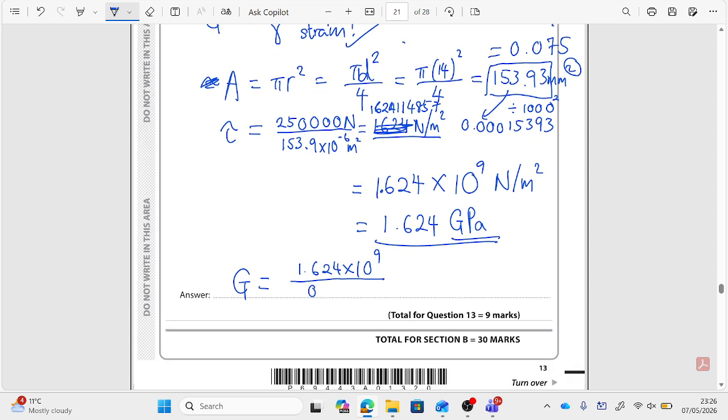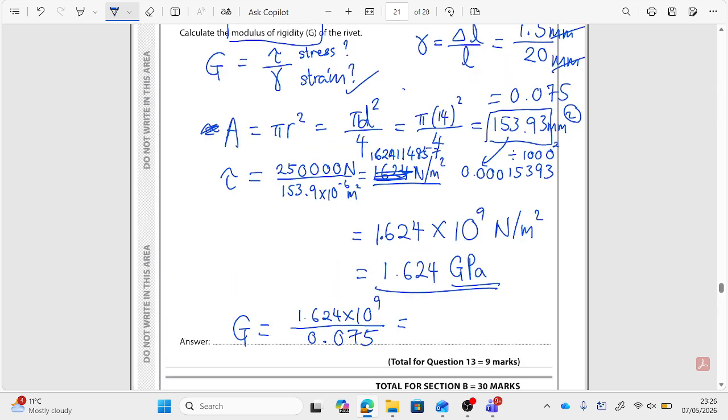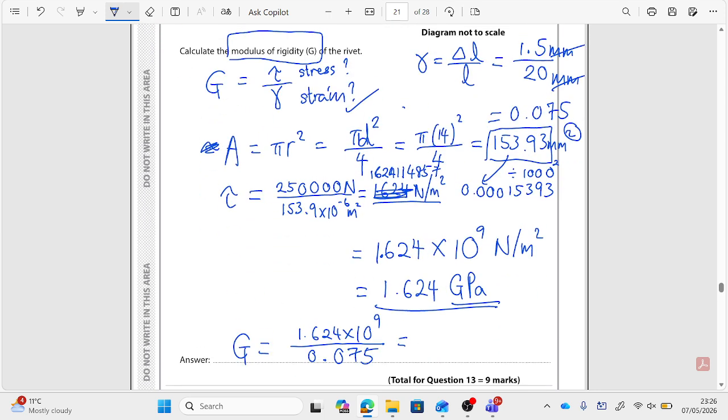Oh yeah, it is right. Again, because that's unitless and that's in Pascal, the answer will still be Pascal. So it's 21.65 gigapascal, and that's it. That's your 9 marks.